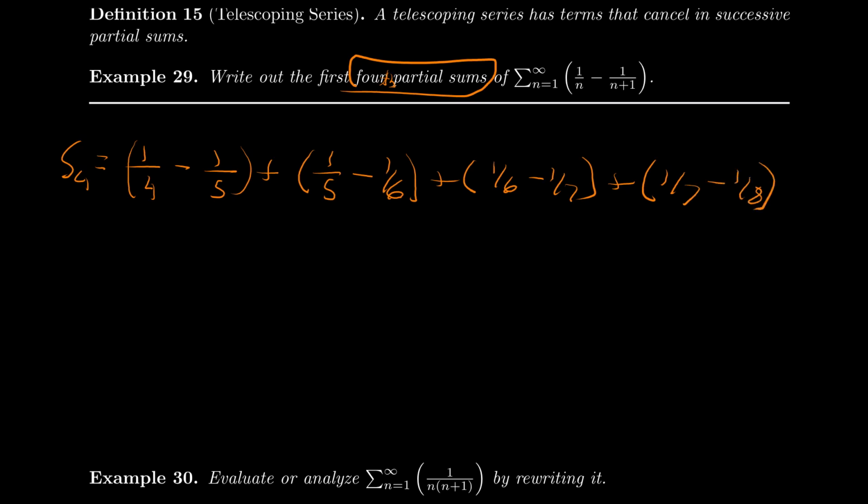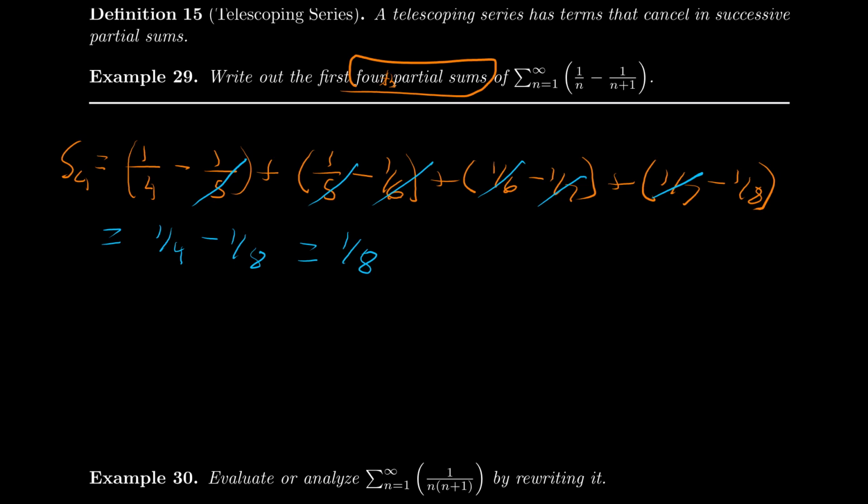Okay? And then these pluses aren't really doing anything, so you can just delete them in your mind's eye, and you'll see, hey, look, minus a 5th plus a 5th, minus a 6th plus a 6th, minus a 7th plus a 7th. So then this is just 1/4 minus 1/8, which is an 1/8. That's it.